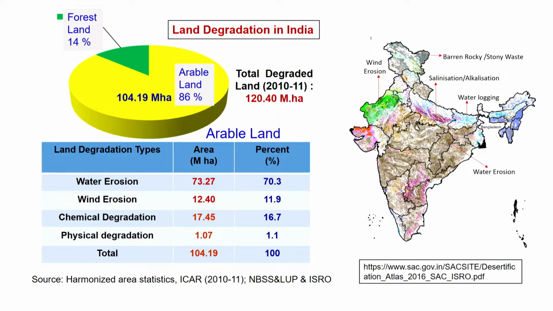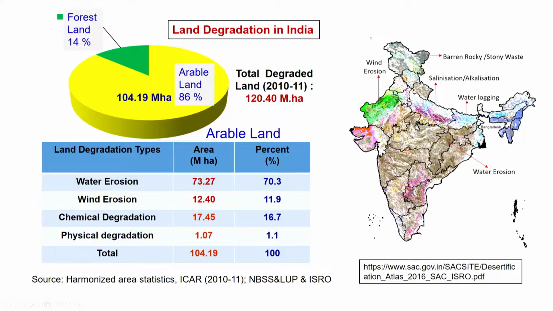This map is available on the ISRO Bhuvan site or the ISRO SAC website, and you can get the soil degradation map of India at 50,000 scale, where you can find the various kinds of degradation. You can see the entire central India is severely affected by water erosion.